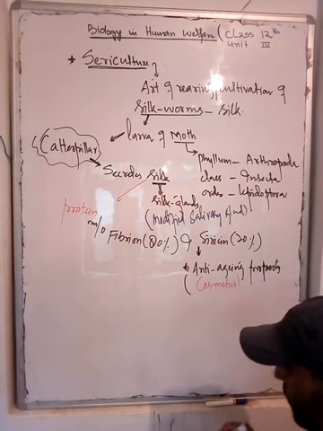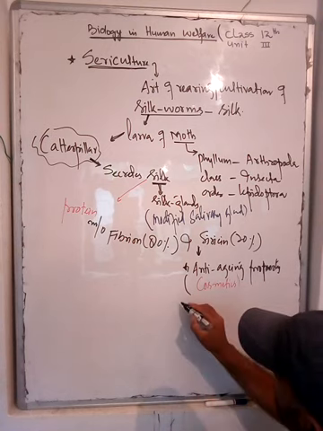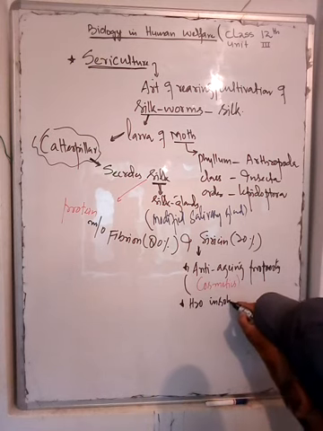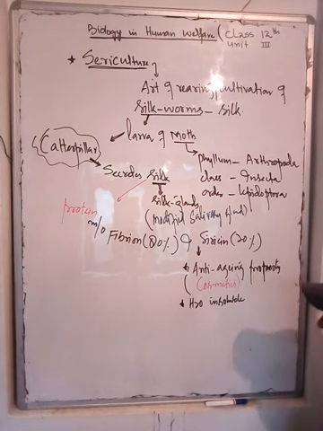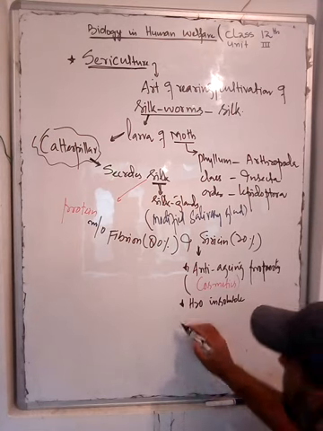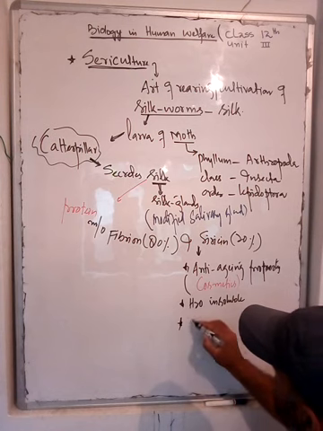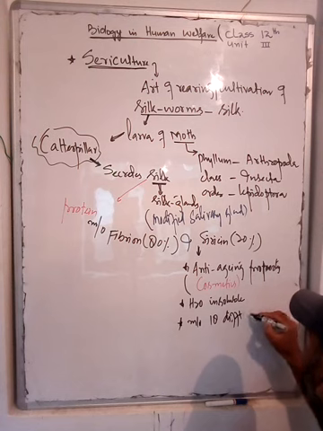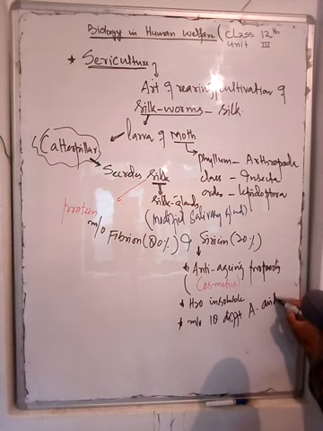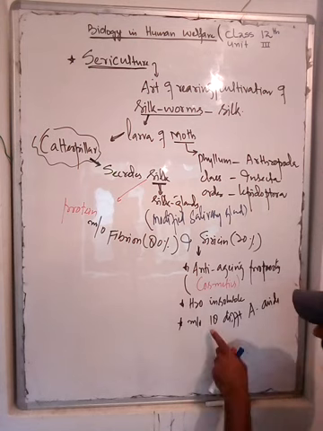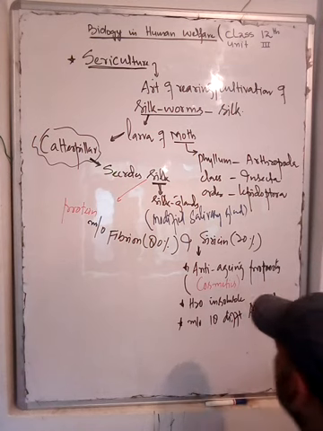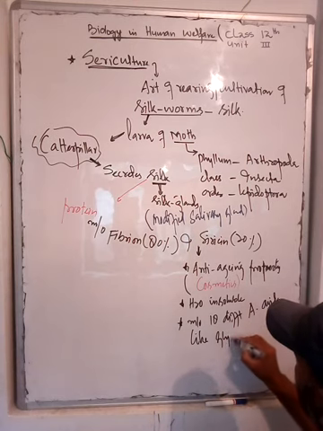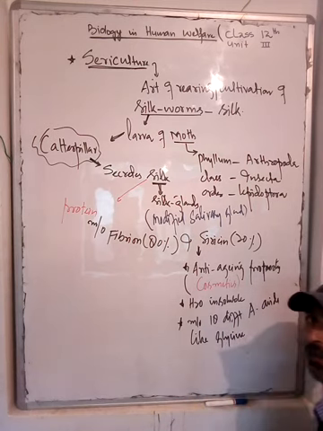Sericin is water insoluble. It is highly elastic. This sericin is made of 18 different types of amino acids, like glycine. Glycine is among them.